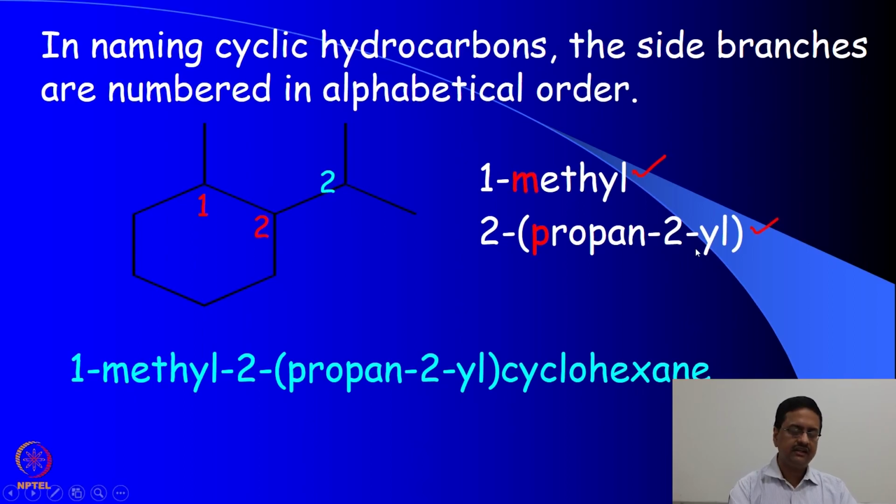So, while numbering it, we should give methyl the first priority because M comes before P. So, we write it as 1-methyl. At the 2 position we have propan-2-yl, because this is a 3-membered ring connected in the middle portion. So, we write it as 1-methyl-2-propan-2-yl cyclohexane.